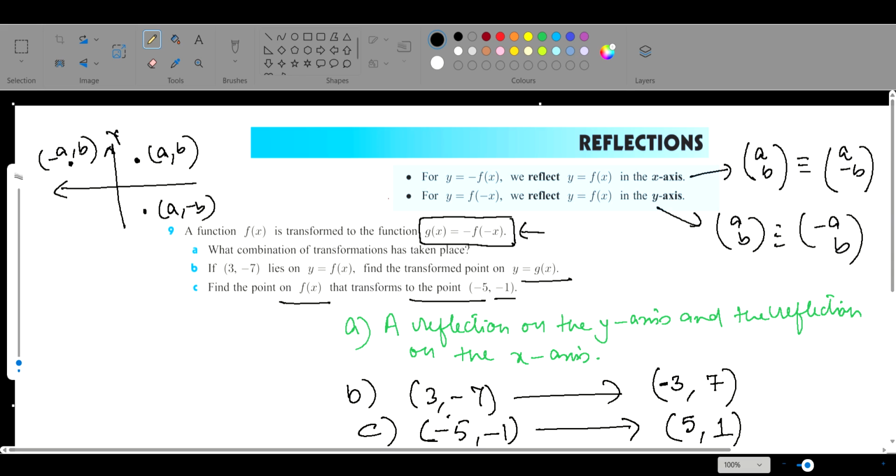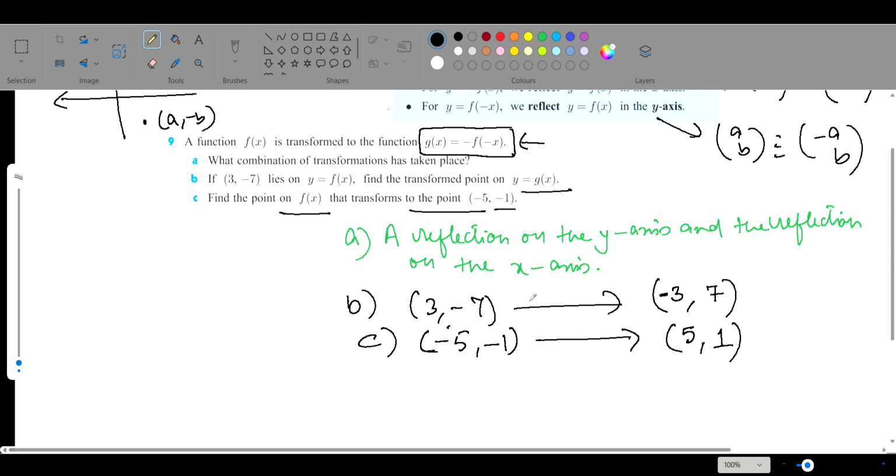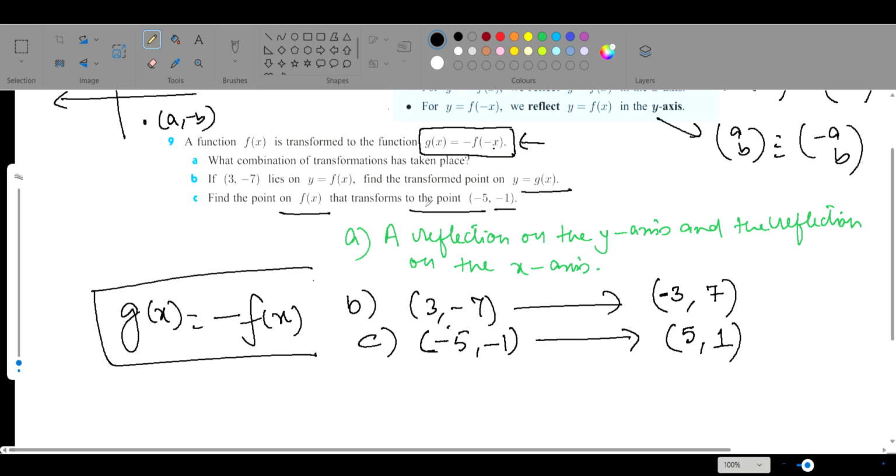If it is any single reflection, then I'll just change one sign. For example, if it is reflected on the x-axis, then I'll change the sign of y. Okay, I got it. So on the x-axis, my g(x) should be like minus of f(x), just minus of f(x). This is my x-axis reflection.